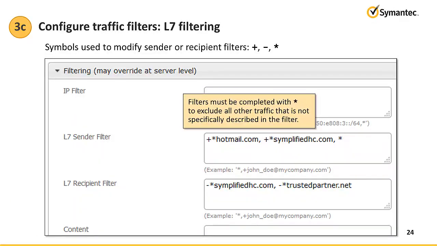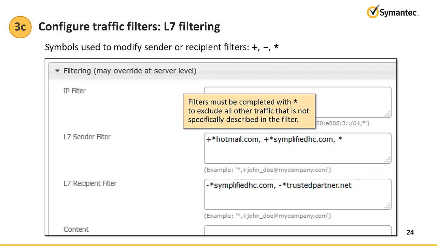L7 filtering is used to include or exclude, meaning to inspect or ignore, messages from specific senders or to specific recipients. In cases where there are conflicts between sender and recipient filters, for instance, if the sender filter for a particular message evaluates as inspect and the recipient filter evaluates as ignore, the resulting message is ignored. You can add the following symbols to modify sender or recipient filters.